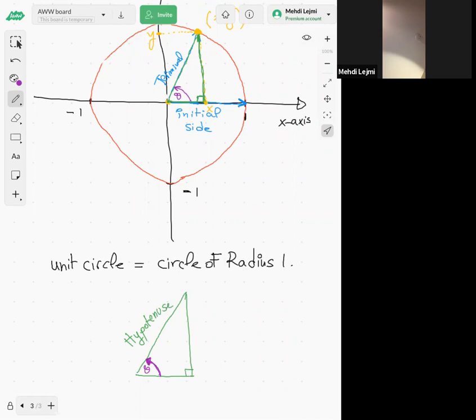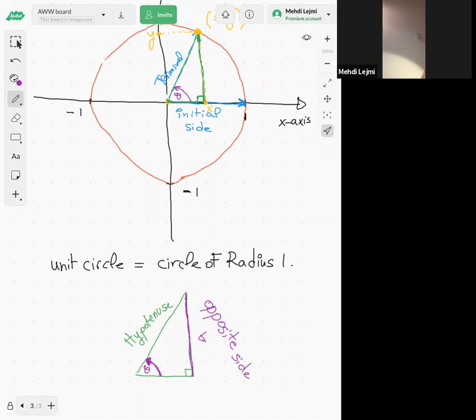Now, what's the opposite side of the angle theta? Well, the opposite side of the angle theta would be this side here. This is the opposite side to the angle theta.